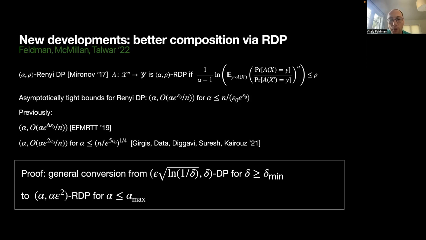So instead we proved a general conversion from approximate differential privacy, for a range of deltas where delta is larger than or equal to some delta minimum, to a guarantee on Renyi differential privacy, which holds for a range of alpha up to some parameter. That's a tool that might be useful in other contexts. So that's all that I wanted to say about the newer paper, which hopefully will appear on arXiv soon.